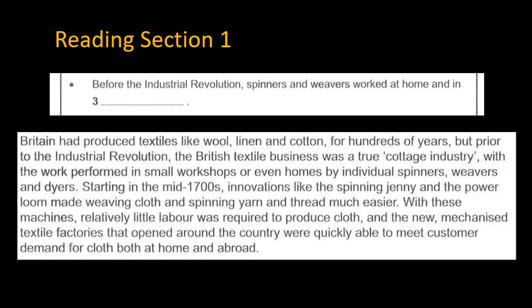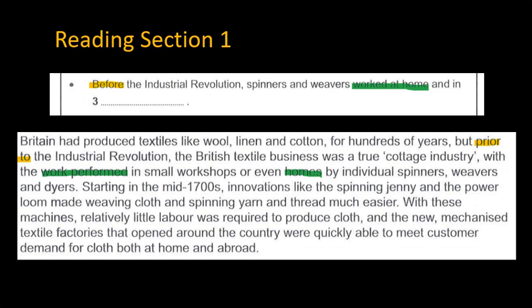With this video, if you want to pause the video at any point to try and find the answer yourself, feel free. But what I did for this one was, I found before matched up with prior to the Industrial Revolution. It mentions spinners, weavers and dryers. So 3 different types of jobs there.